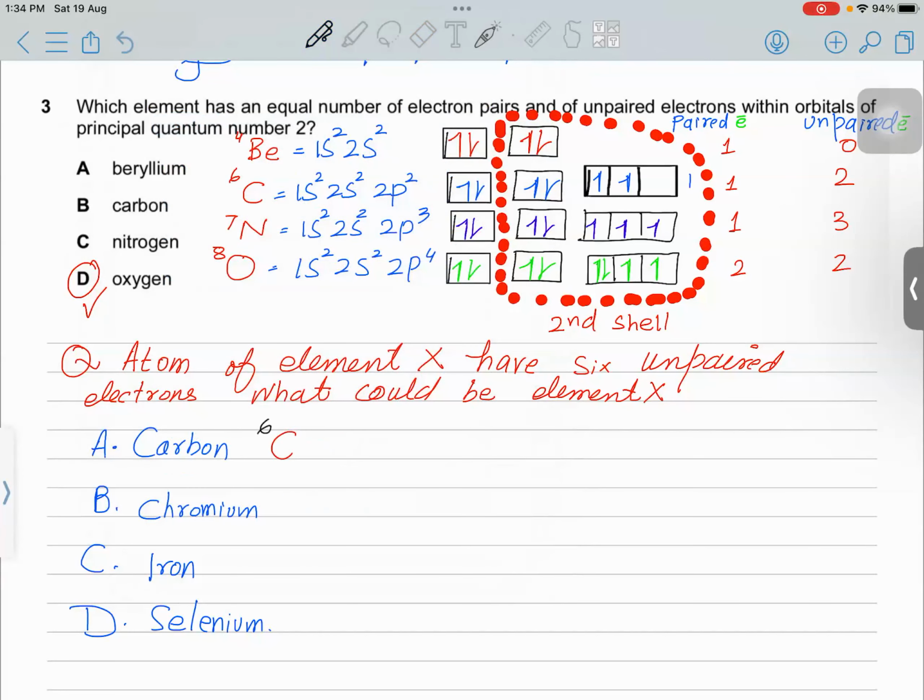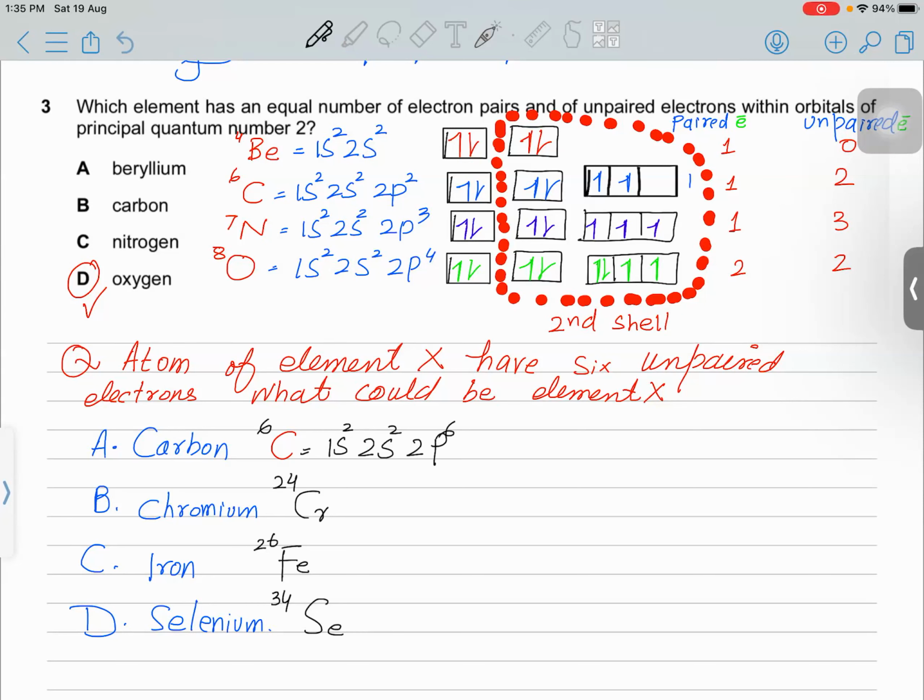Carbon is 6, chromium is 24, iron is 26, and selenium is 34. So write the electronic configuration of carbon: 1s2, 2s2, 2p2.